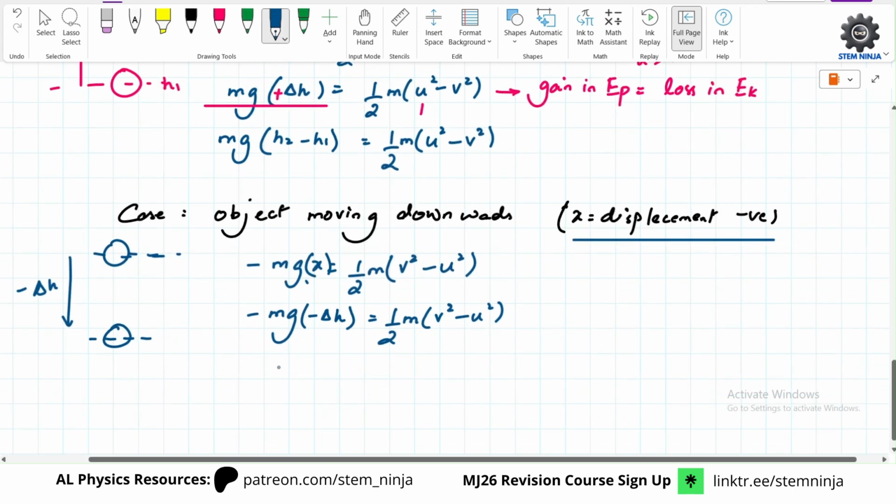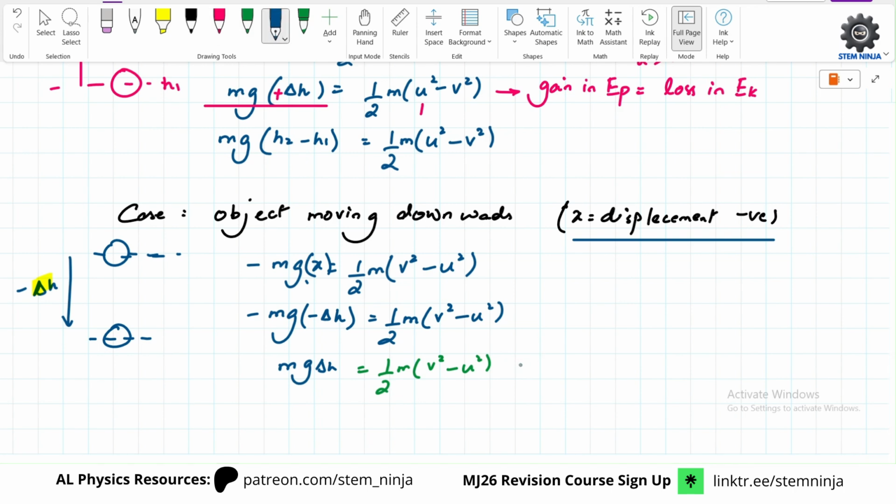And the right side would basically just turn into delta H. And delta H is basically just the magnitude part. Half m v squared minus u squared. So basically this thing has turned into, since it is going downwards, it's going to be a loss in EP, that means gravitational potential energy, and gain in kinetic energy.